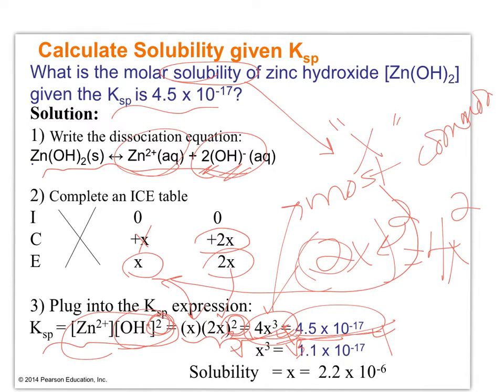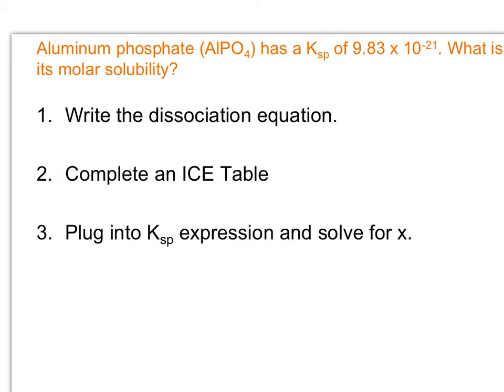So I want to remind you that taking the cube root of something is the exact same thing as raising something to the 1/3 power. Right now I would get out the calculator you're going to use for the exam and make sure that you have a way of taking a cube root, because that's going to happen frequently with Ksp problems.